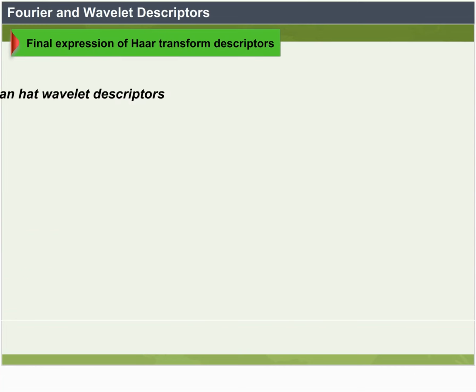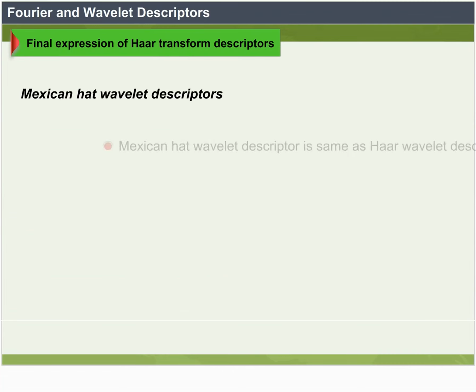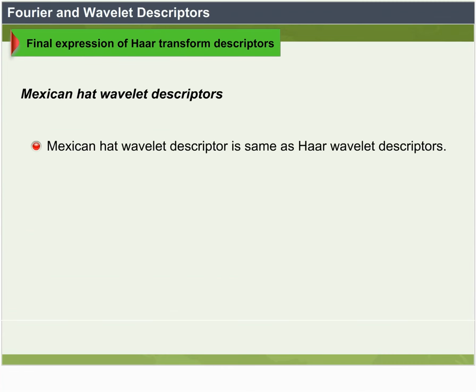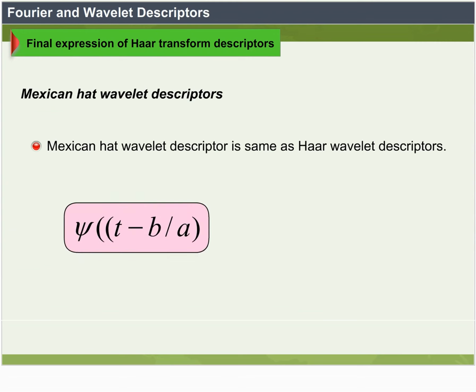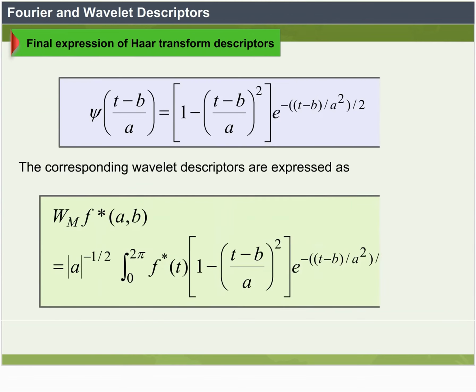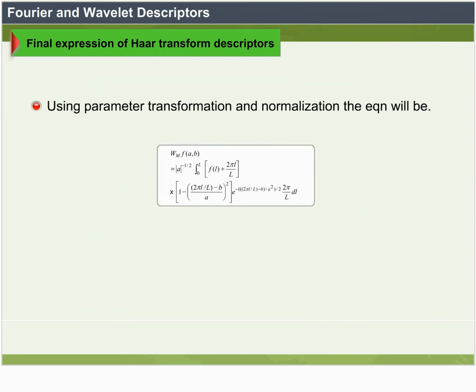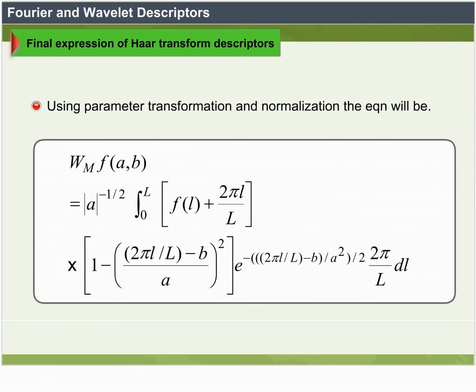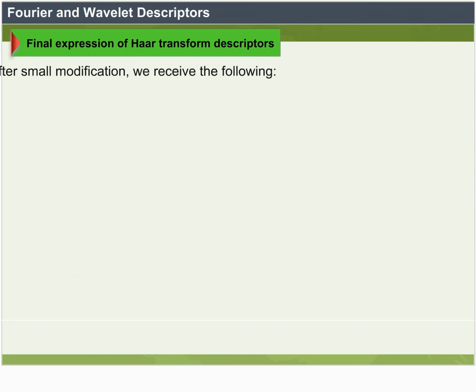Mexican hat wavelet descriptors. Mexican hat wavelet descriptor is the same as Haar wavelet descriptors. Psi of (t minus b) divided by a is a Mexican hat wavelet set. The corresponding wavelet descriptors are expressed as: using parameter transformation and normalization, the equation will become: after small modification, we receive the following.